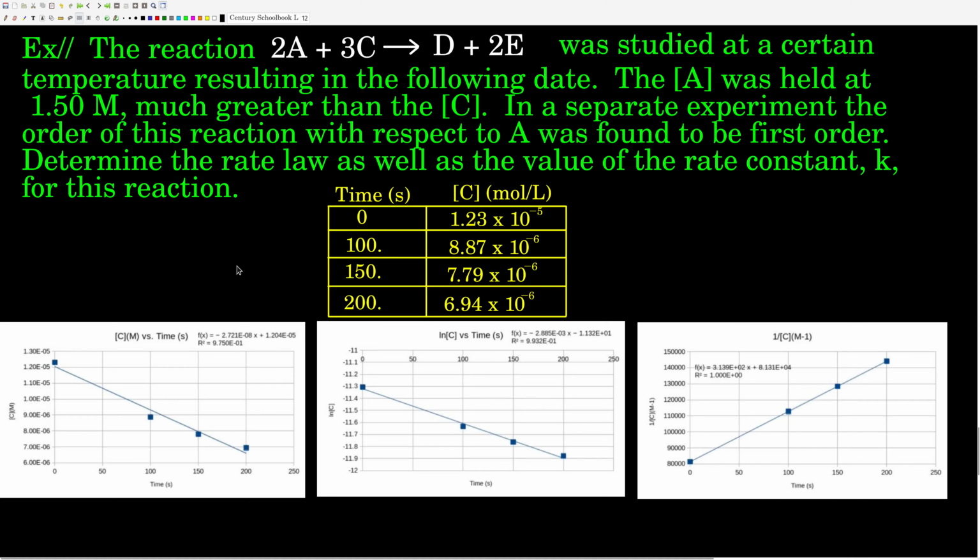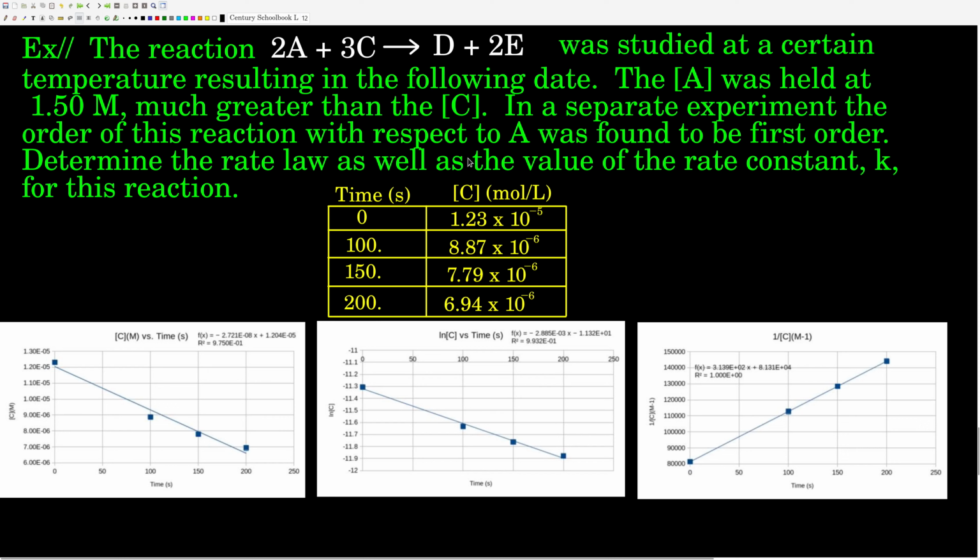All right, so let's do an example where you get to practice this. So here's the setup. We have this reaction, 2A plus 3C goes to D plus 2A. It doesn't matter what the reactants and products are. We studied this reaction at a certain temperature, and we got the data that's in this table down here. Concentration of A was held constant, and it was set up in large excess to be 1.50 molar, which is much larger than the concentration of C, because the concentration of C is 10 to the minus 5th, 10 to the minus 6.